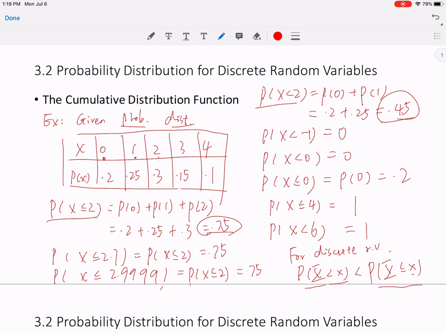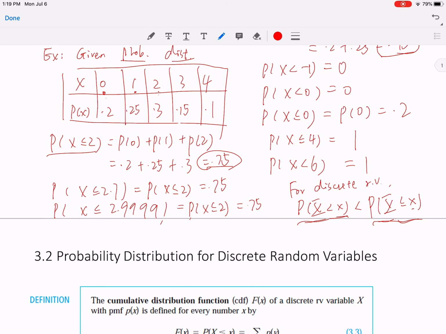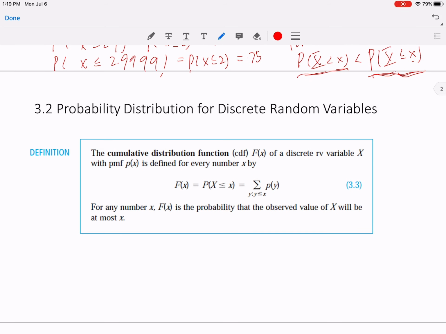And that's why this is greater than that. And if we put this kind of probability in the form of a capital F of x, we call it the cumulative distribution function. Now let's take a look at the definition of cumulative distribution function.